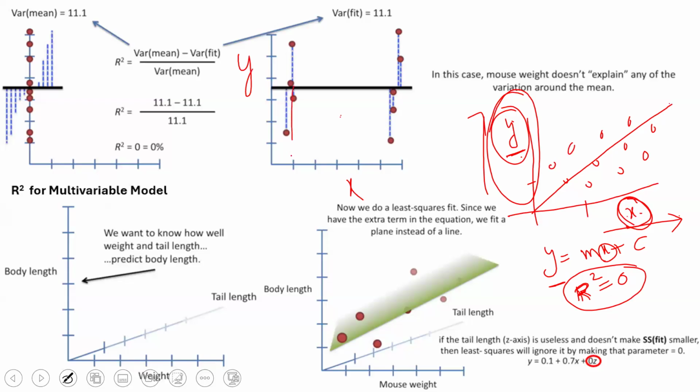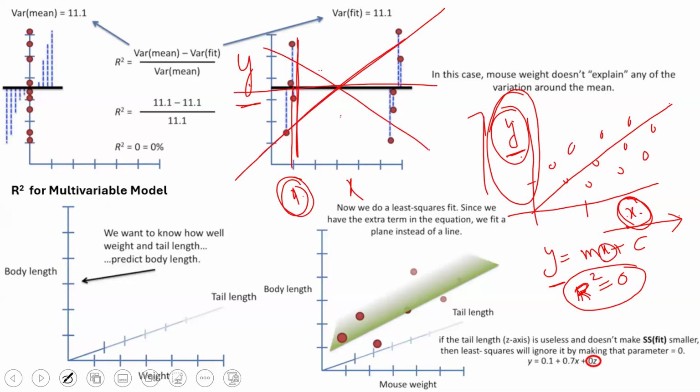If you take this x value, for the same x you have different y values. So in this case you cannot predict y using x. You cannot come up with one single line that helps us predict y from x, right? You cannot come up with any line. So in this case r square is equal to 0.